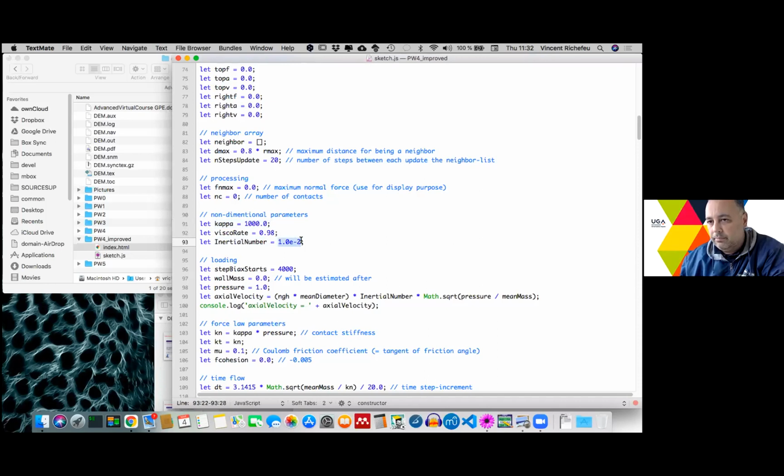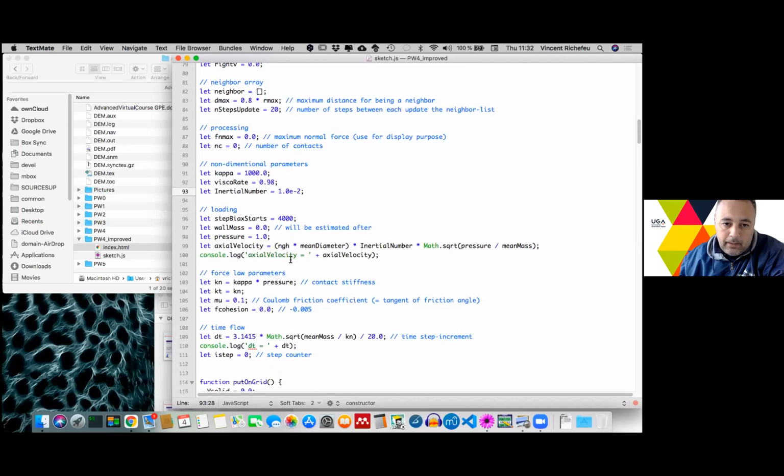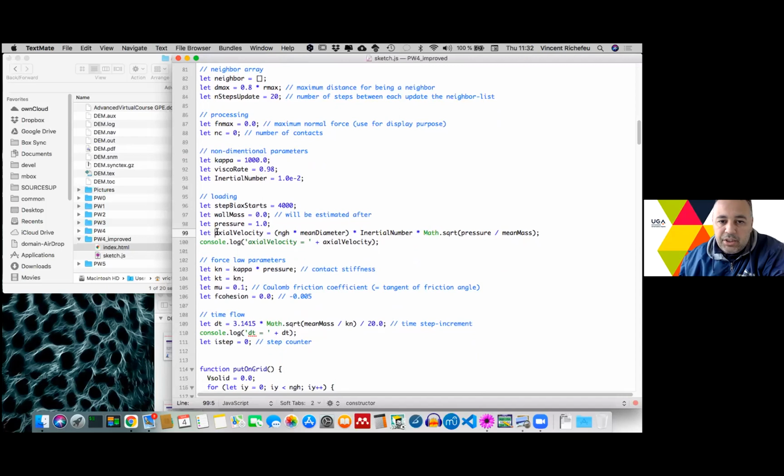This is faster, okay? And the actual velocity will be defined as a function of the inertial number. Instead of setting a value here, I prefer to give it this value, which is dimensionless, okay? This is a good practice.